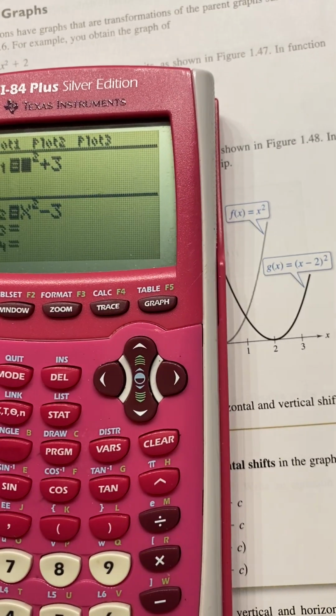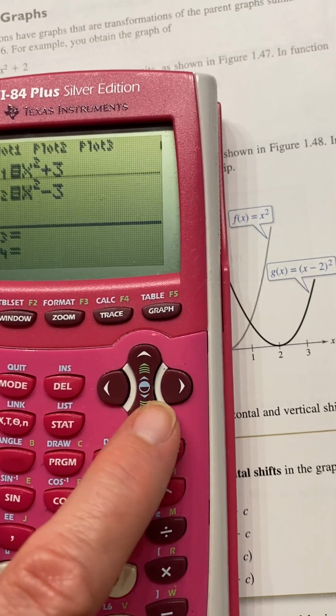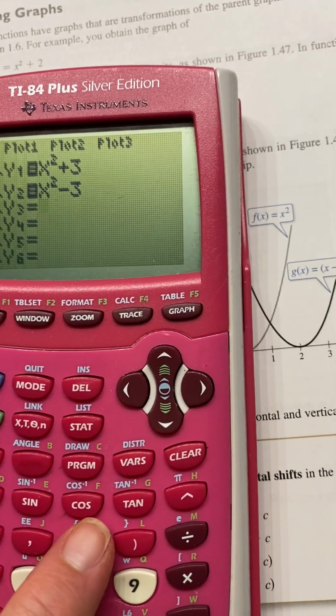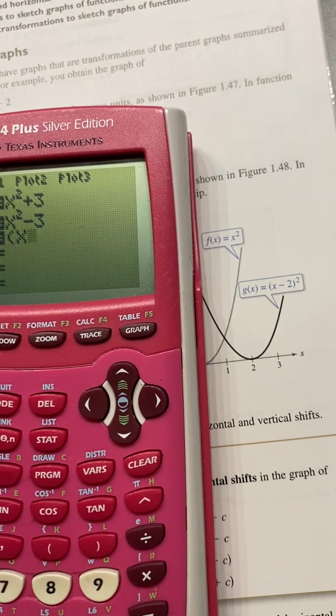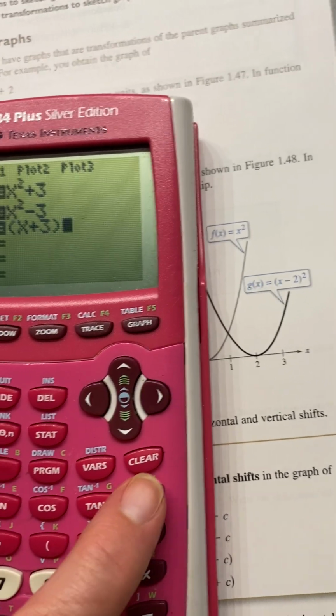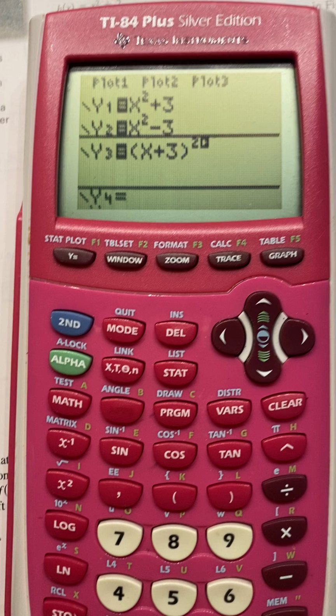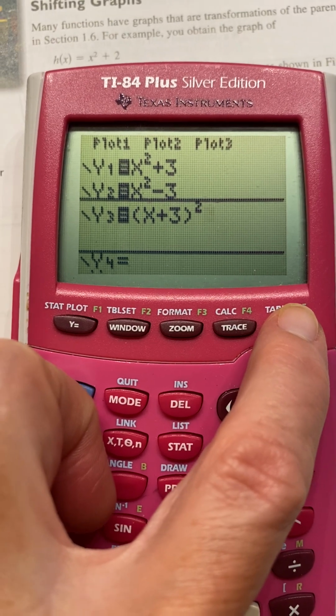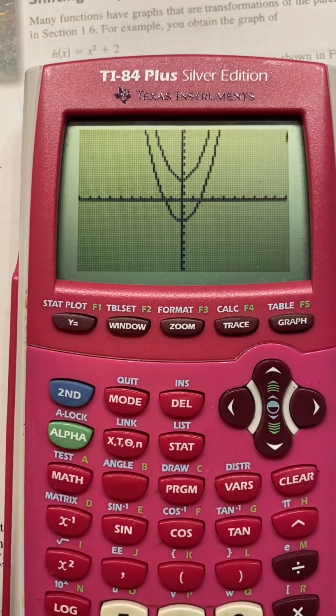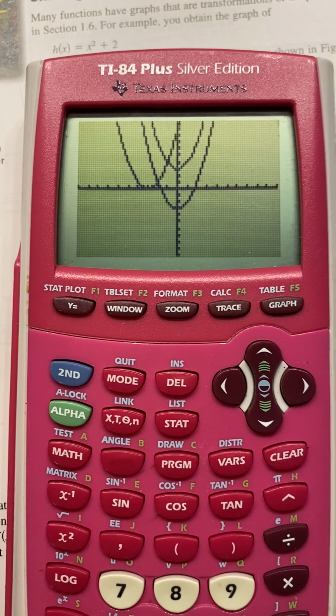Now let's go back and do, this is a nice way to compare, in parentheses, x plus 3 quantity squared. Can you guess which way this should shift? I just told you, plus is going to move to the left.